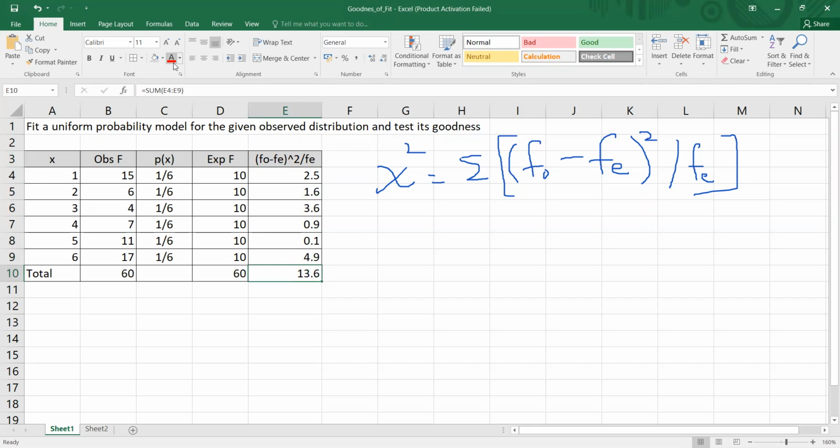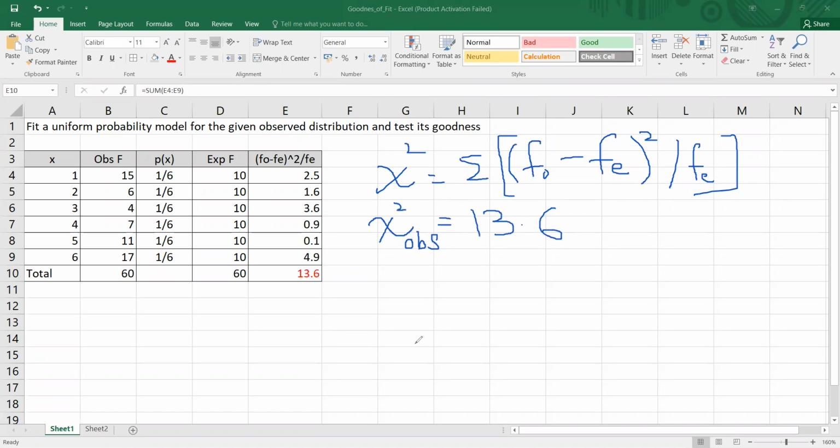So this is the value of the chi-square statistic, and this value is known as the observed value of the chi-square statistic. So this is called chi-square observed. Chi-square observed is equal to 13.6.